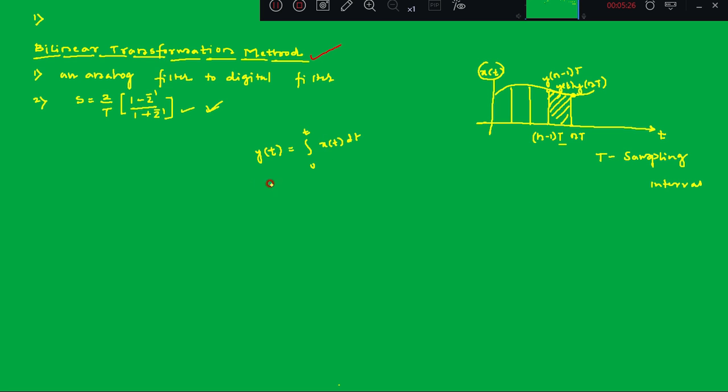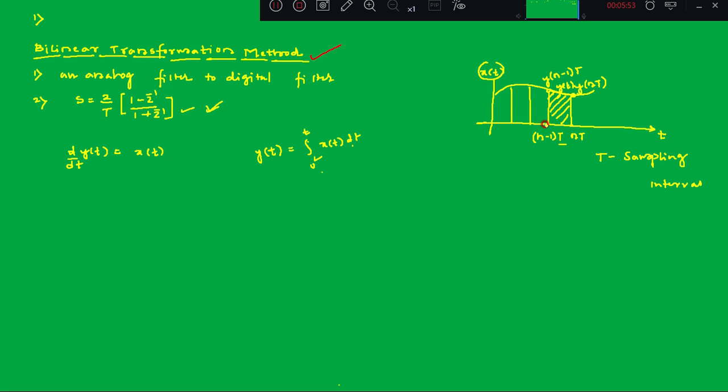The same thing can be written as, if I take the differentiation on both sides, what you will get? d by dt of y of t is equal to, differentiation and integration will get cancelled, so we will get x of t. So the area under this curve is calculated by integrating x of t from 0 to t.